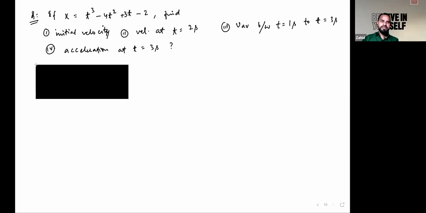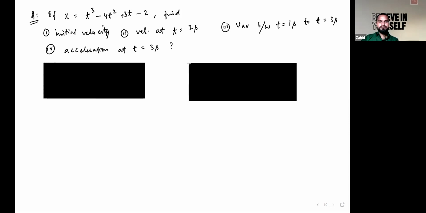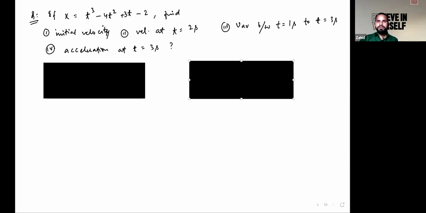First, differentiate this function, you will get velocity. I think you all have remembered how to differentiate any function.